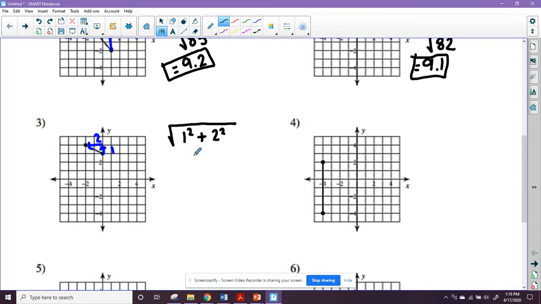So 1 squared is 1, plus 2 squared is 4. So we have to find out what the square root of 1 plus 4 is. It's going to be the square root of 5. We have to figure out what that equals. By using a calculator, the square root of 5 is 2.236, which rounds to 2.2.